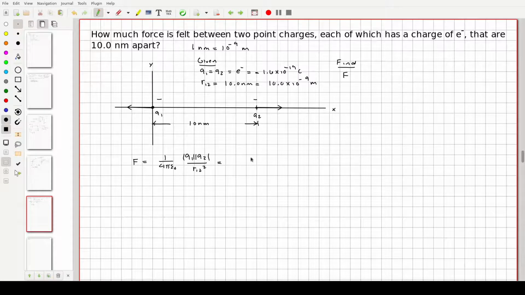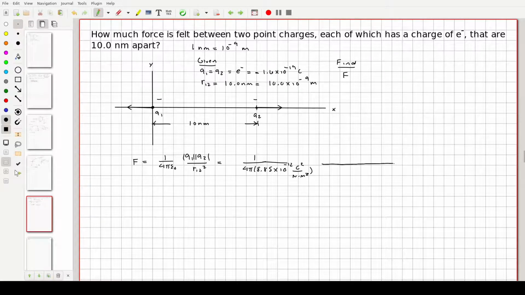If I plug the numbers in here, I have 1 over 4 pi epsilon naught, where epsilon naught is 8.85 times 10 to the minus 12th coulomb squared per newton meter squared. That's just the constant out in front.